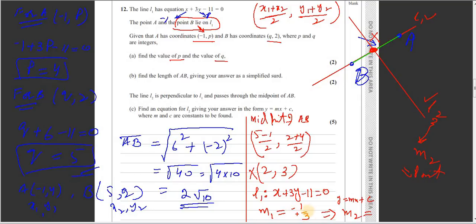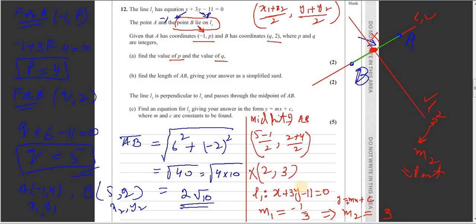So we take the reciprocal, we flip it. So 1 upon 3 becomes 3 upon 1, or just 3. And it is a minus, so we switch the sign. Minus becomes plus. So the gradient is 3.